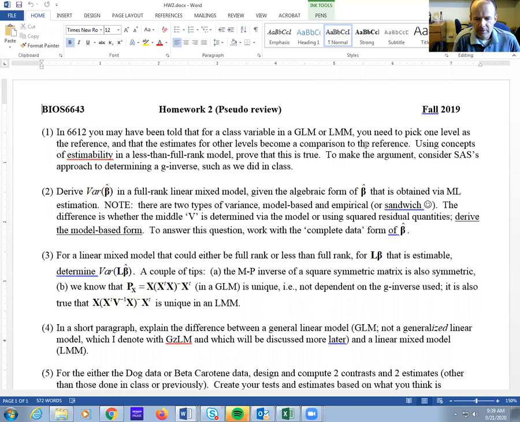It gives us a way to deal with them in a general linear model or linear mixed model. So those are my two responses to that question. Any other questions on this?